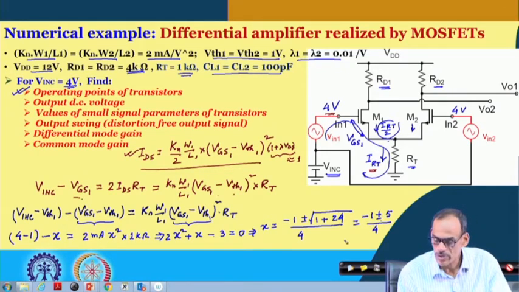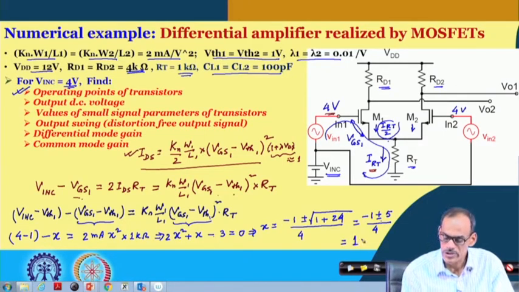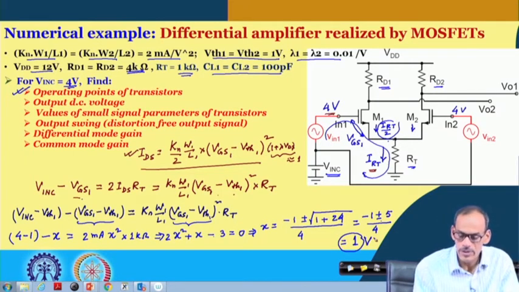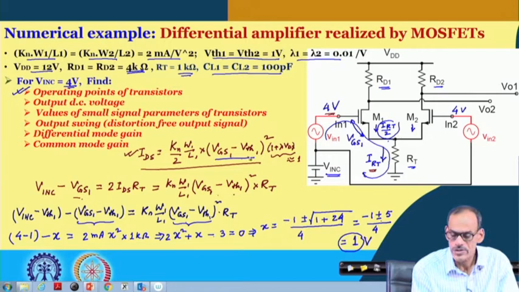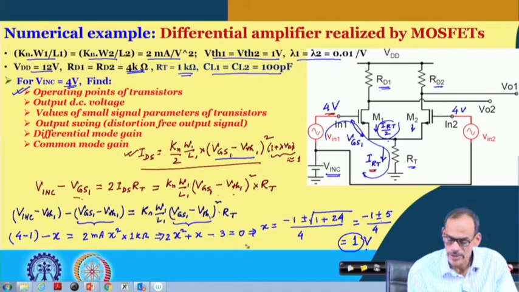So, we will take plus 1 and this is equal to 1. So, x is equal to 1 volt. So, that gives us VGS minus VTH is 1 volt, and hence VGS equals 2 volt.